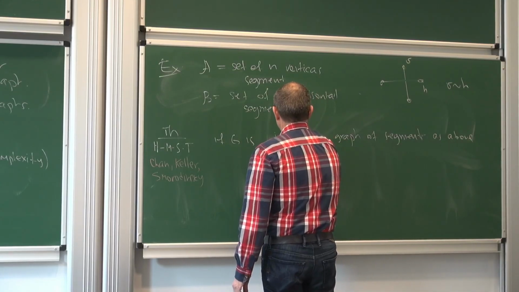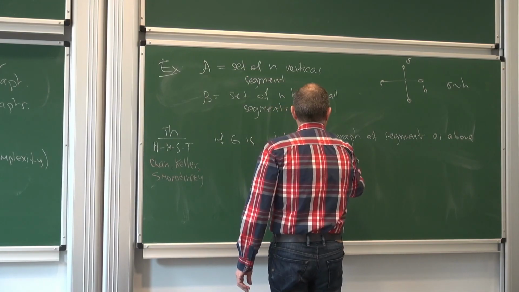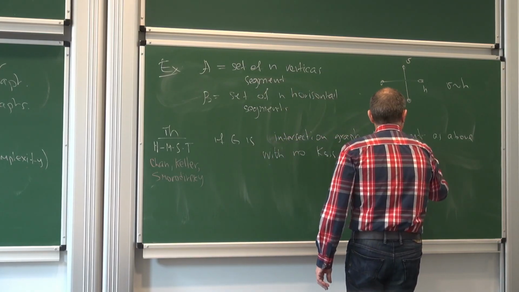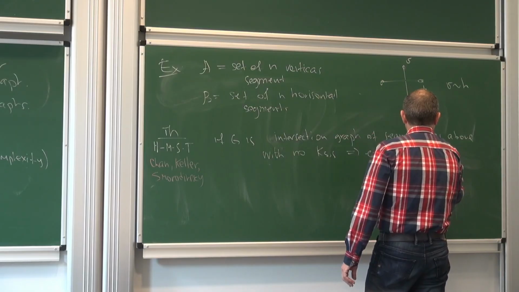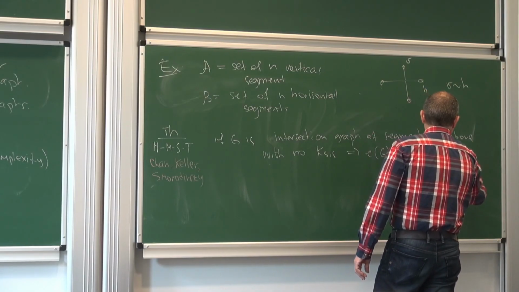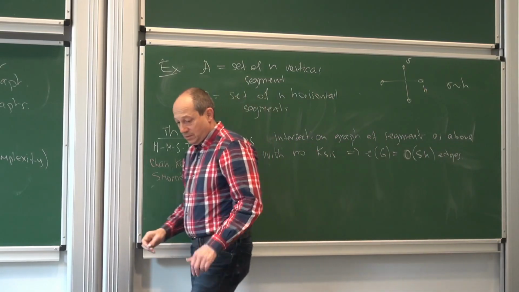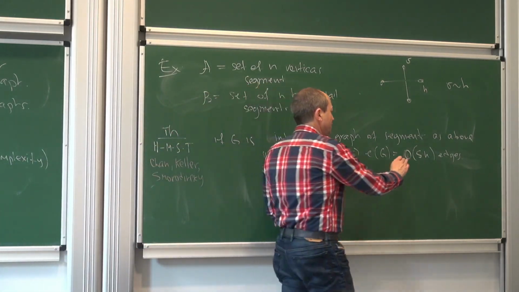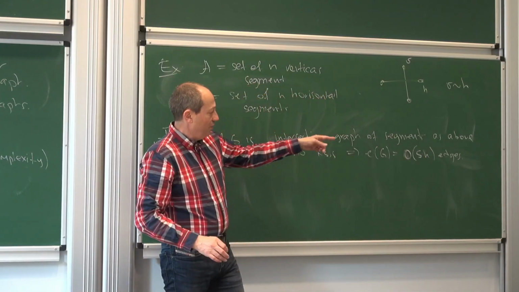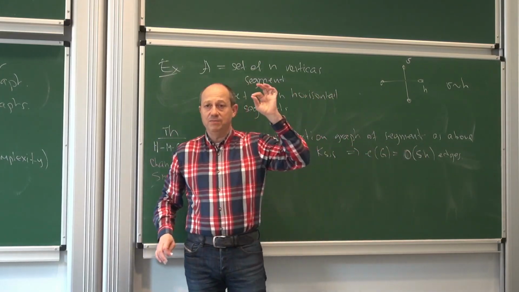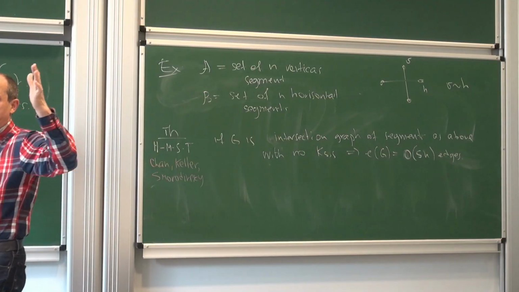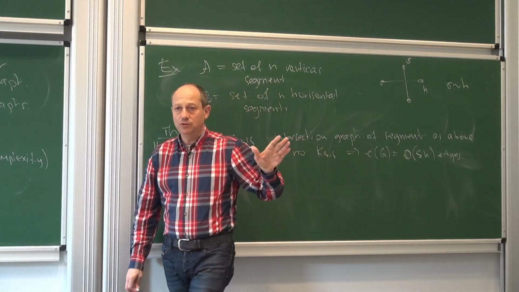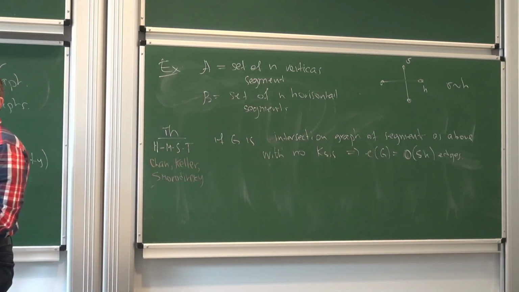With no K_{S,S}, then G has at most big O of S times N edges, right? And so it's absolutely tight. So observe that we understand the number of the edges of this graph very well. We know how it depends on the parameter S, of this forbidden complete bipartite graph. Of course, there is the big O notation, but that's really an absolute constant. I don't know, 1,000. Right?